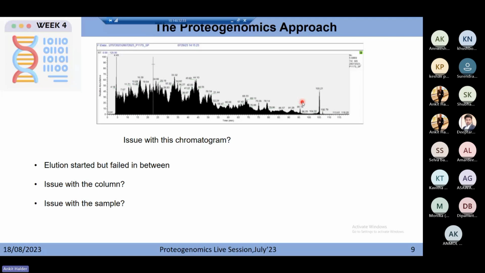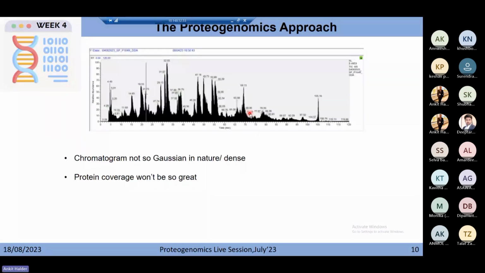All these factors lead to difficulty in the data analysis, and they add up as difficulties that you need to address while performing it. So this chromatogram isn't showing a good pattern.